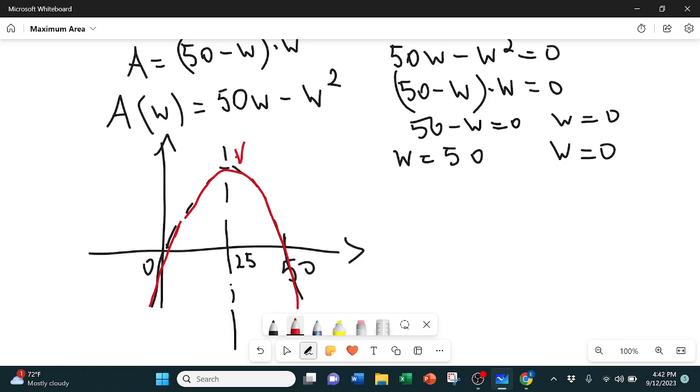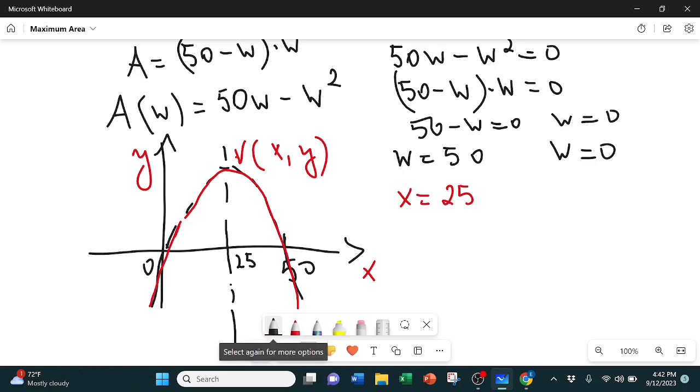And here we have the vertex with coordinates x and y. For x, as I mentioned the axis of symmetry, x equals 25.